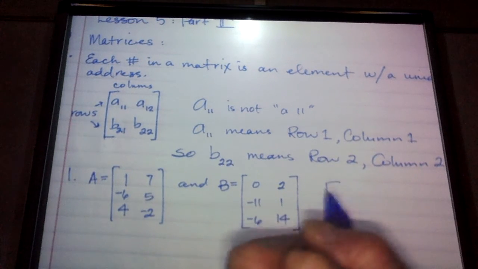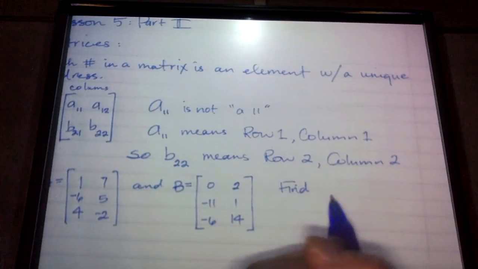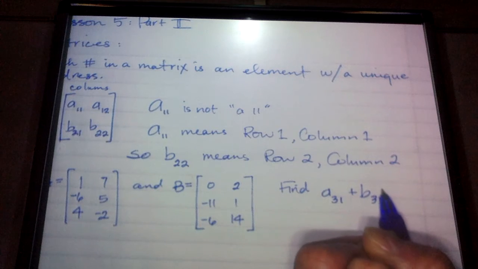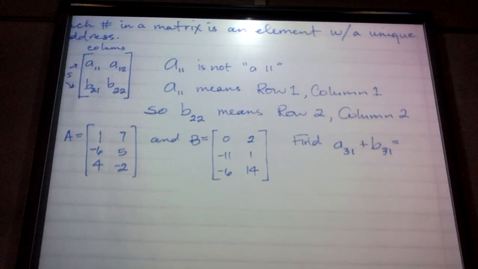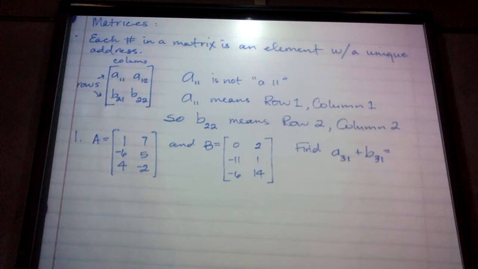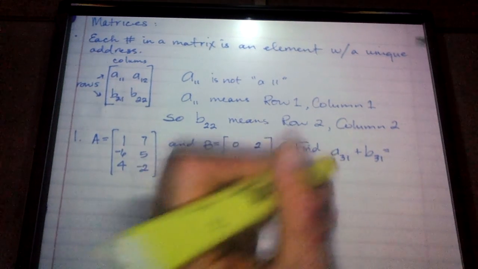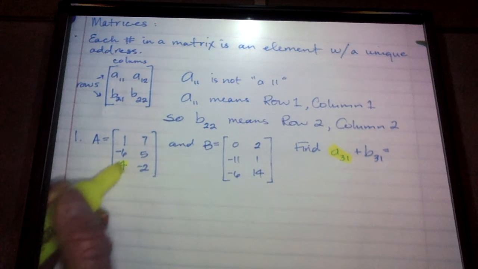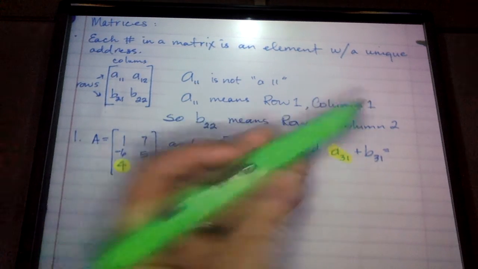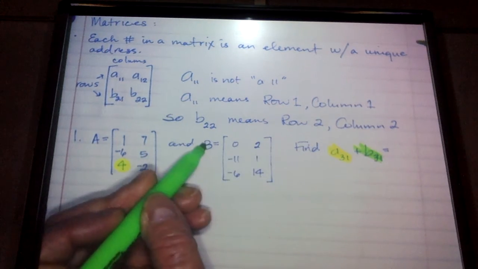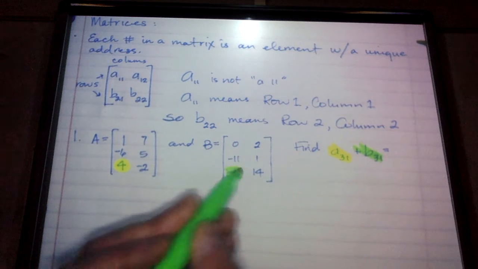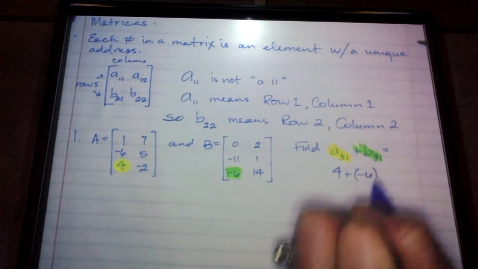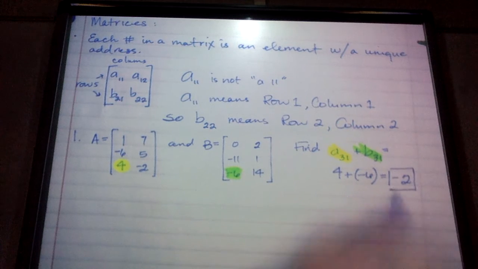If I asked you to find A subscript 31 plus B subscript 31, I am not finding "A thirty-one." I'm finding the number in this position. So A, row 3, column 1: row 1, row 2, here's row 3, column 1. B31 would refer to matrix B, row 3, column 1. So they're asking me to simply add 4 plus -6, which equals -2. So the answer would be -2.